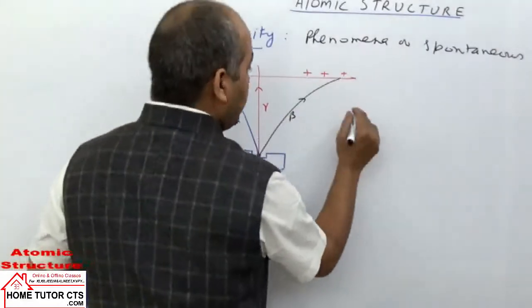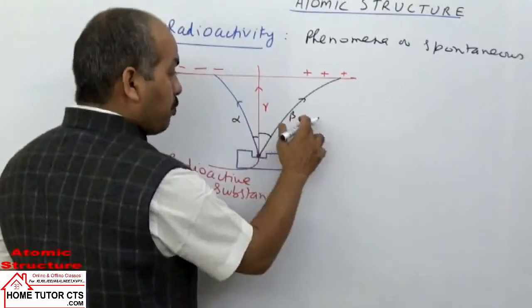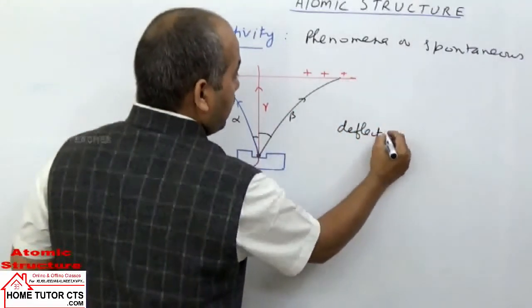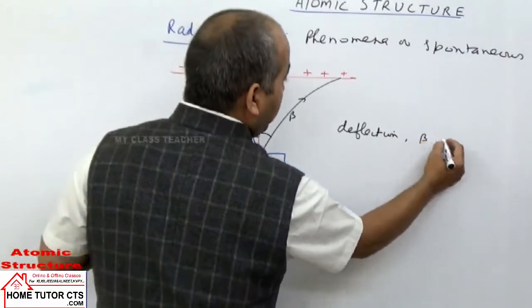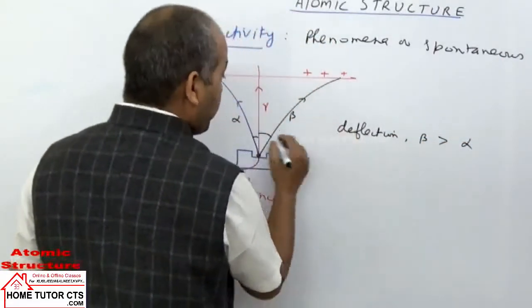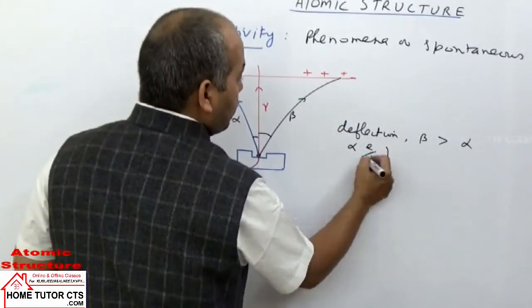The angle of deflection is much more for the beta particles. Deflection is higher for beta particles as compared to alpha particles, because the angle of deflection is directly proportional to the ratio of charge to mass.